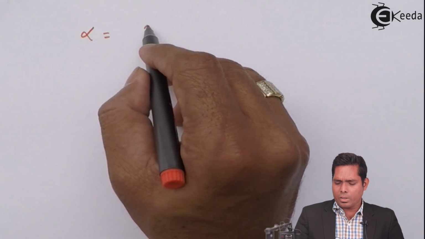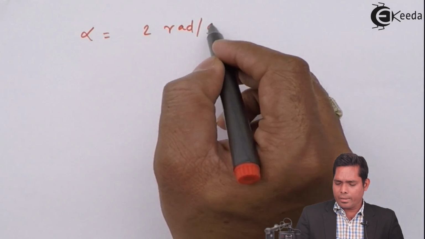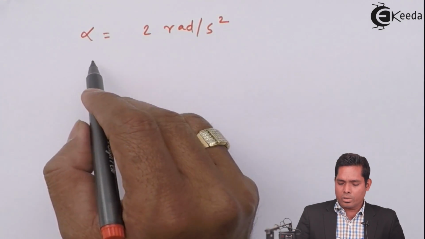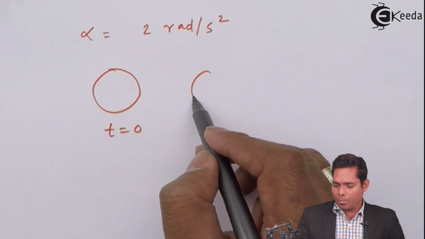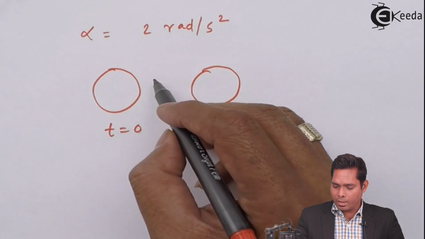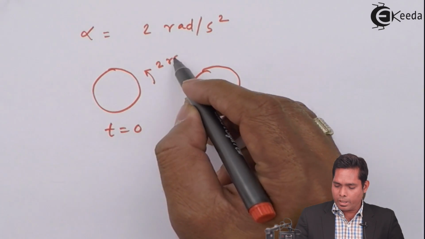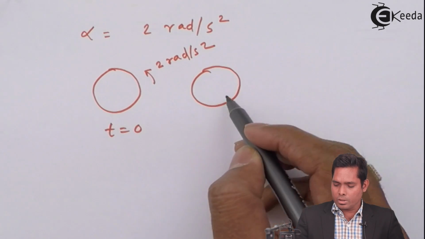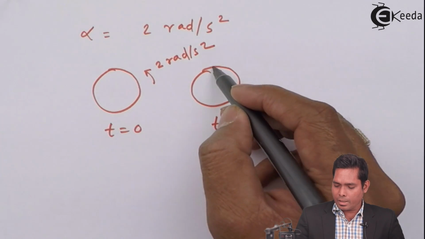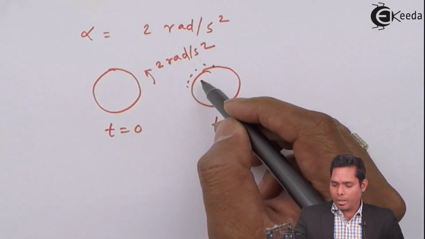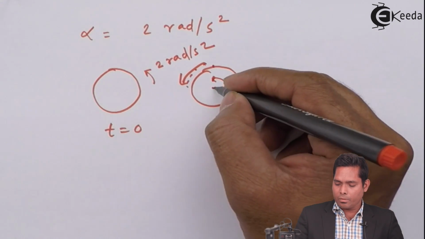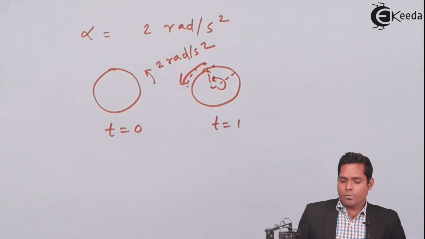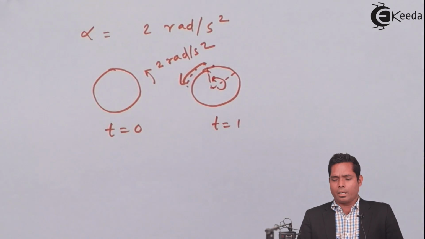Now, as we have got alpha as 2 radian per second square, that means the disk was initially at rest, and at time t equals 0 we are imparting 2 radian per second square to this. Then after time t equals 1 second, this will rotate by whatever is the value of that omega.